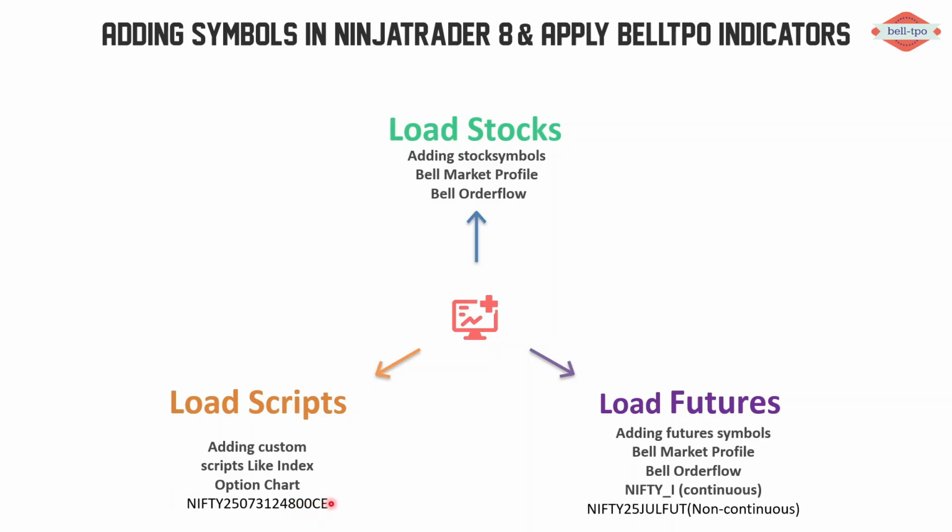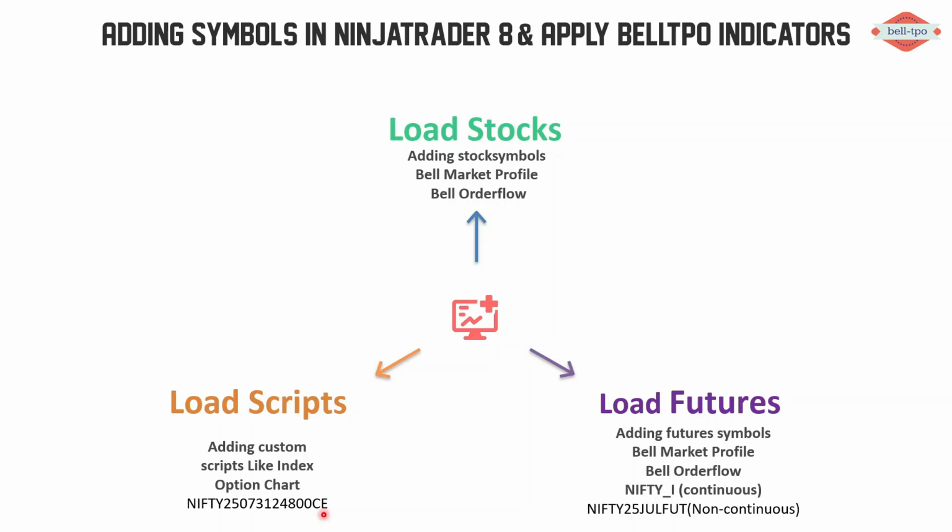At the bottom you can see for TrueData, their recommended format to load index options is like this, that is name of the instrument, year, month 07 July, expiry date 31st July, and strike price 24,800 C. So this is the format recommended for TrueData.